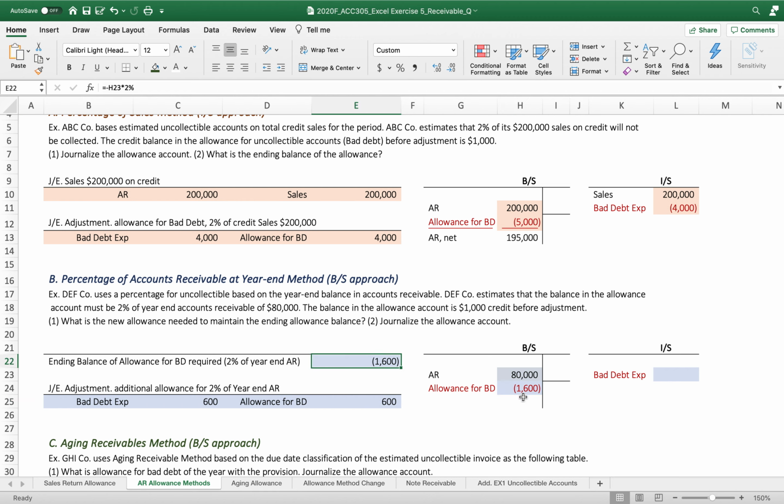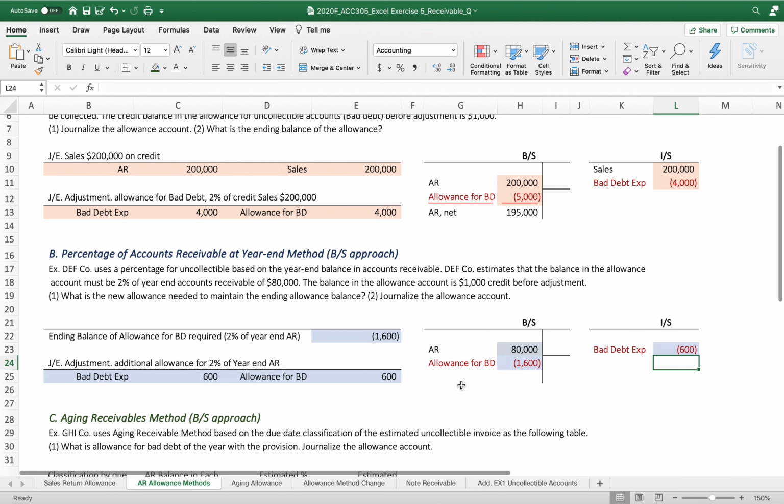Now we made it up. So the ending balance should be 2% of AR, 1,600, exactly the same. We had 1,000 as the beginning balance of the allowance account, but we need 600 more, right? So we also record this bad debt expense of 600.